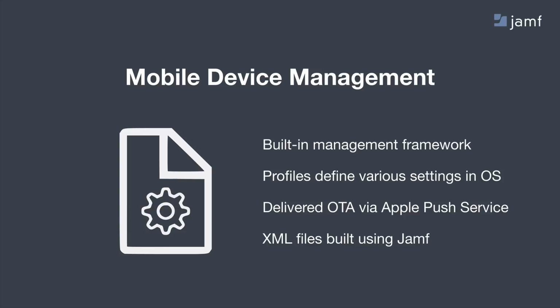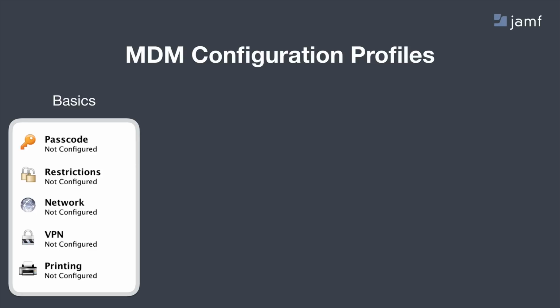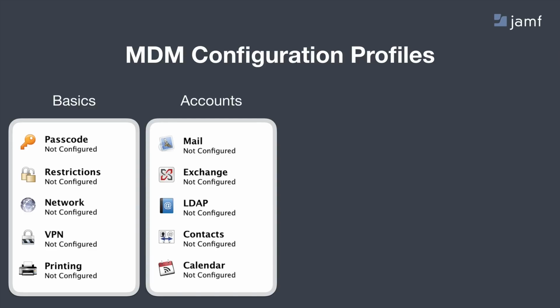So what can you build in these profiles? Well, there's a lot of different things you can build. Here are some of the basics. You can build passcode requirements. You can build restrictions. You can define what networks your devices are supposed to connect to. You can pre-bake VPN settings so your end users don't have to type them in manually. You can tell them what printers to use. You can define accounts for them, so you can define how your Exchange server works so your end users don't have to manually type in all of their Exchange server settings.